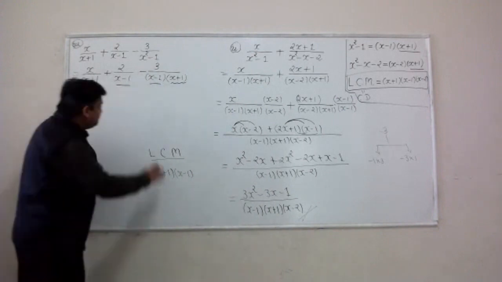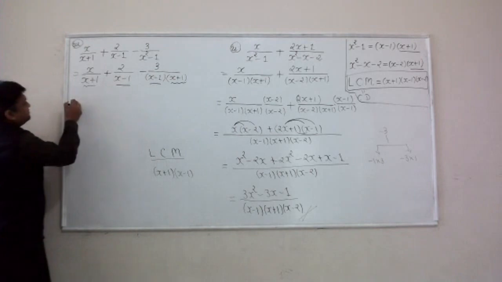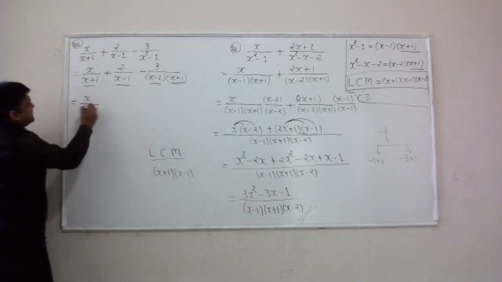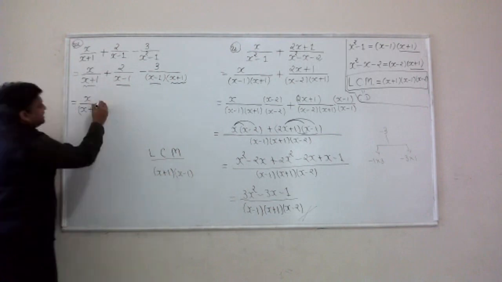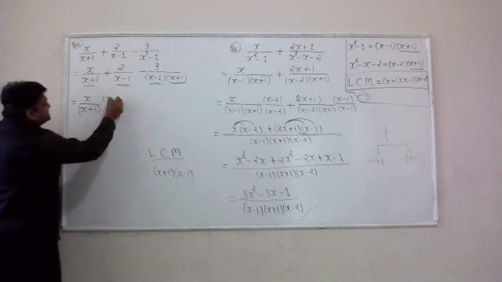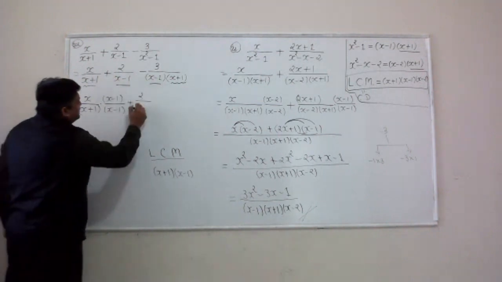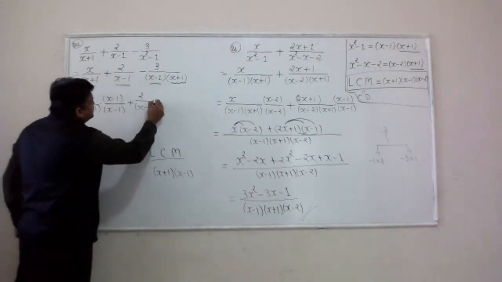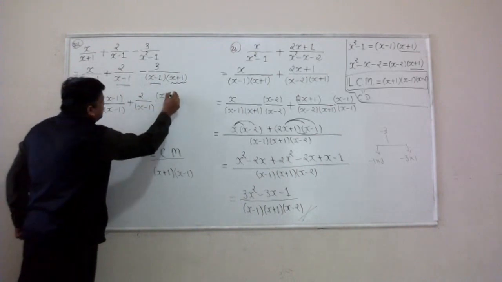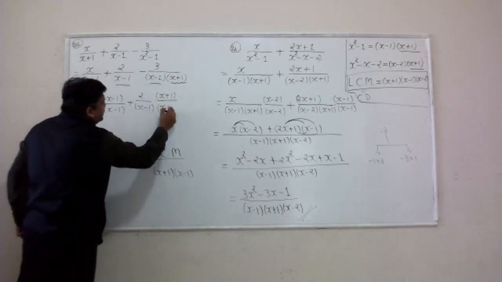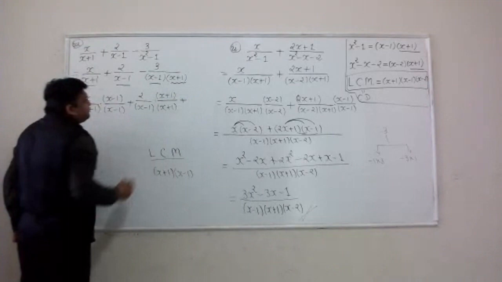Let's make it happen. The first term is missing x minus 1, so I will multiply and divide it by x minus 1. The second term has x plus 1 missing in the denominator, so I'll multiply and divide it by x plus 1.